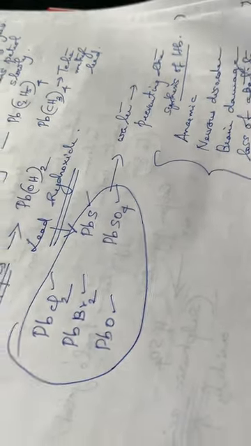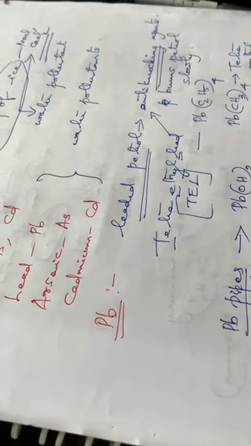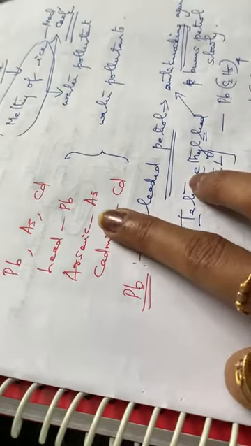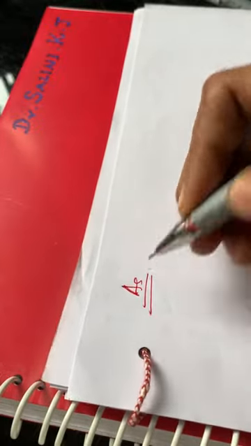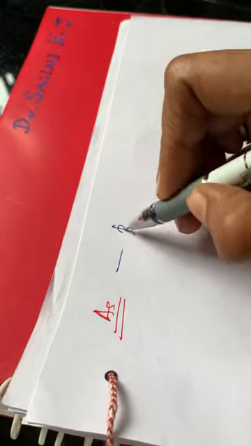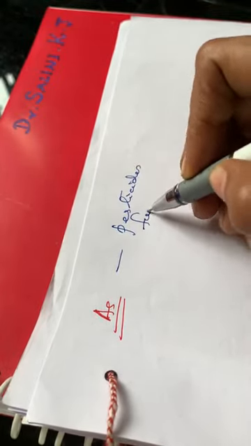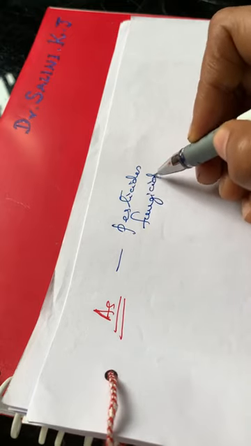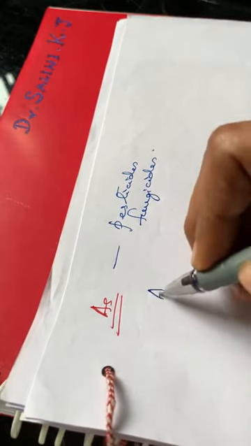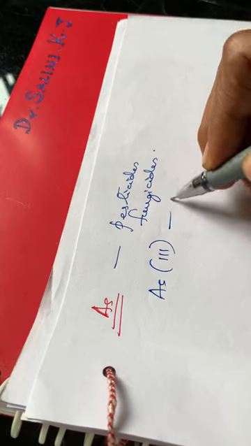Then the next one is another chemical, arsenic, As. Normally arsenic is present in pesticides and fungicides, and arsenic 3 compounds are highly toxic.